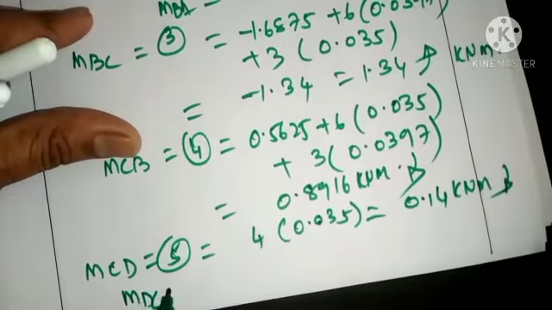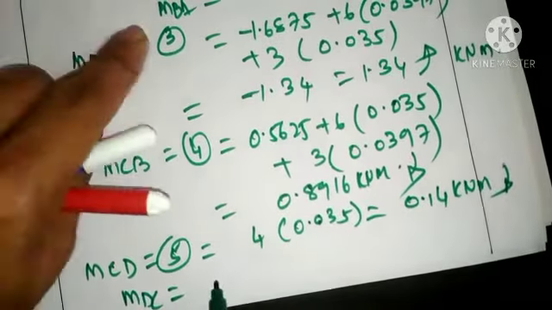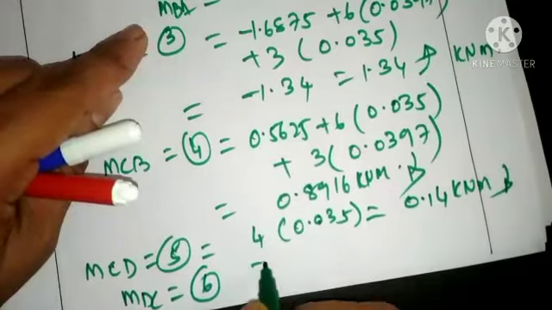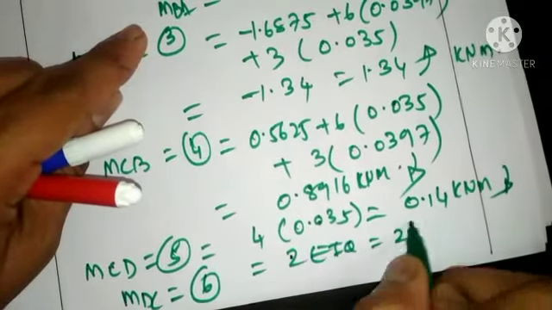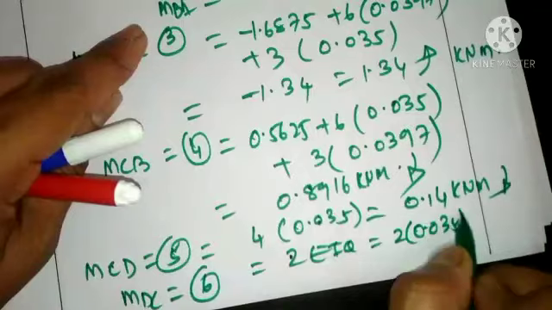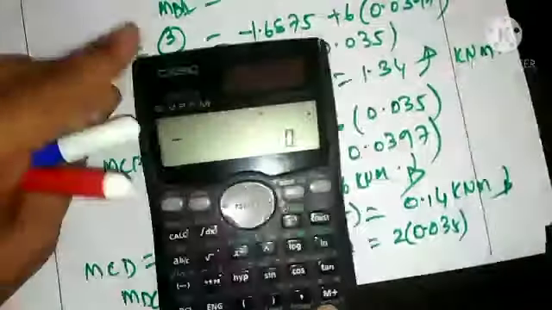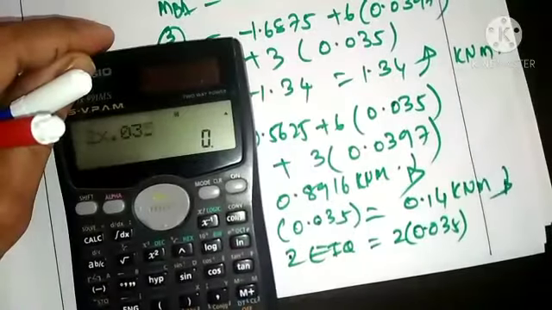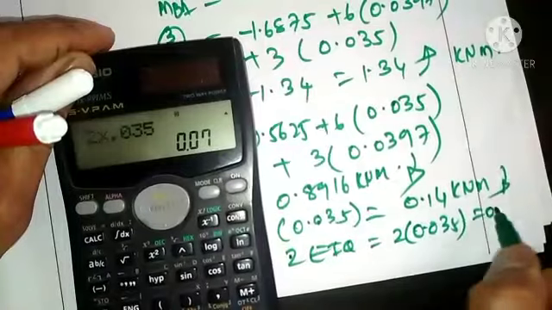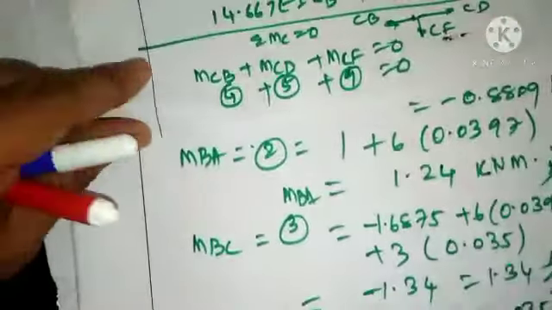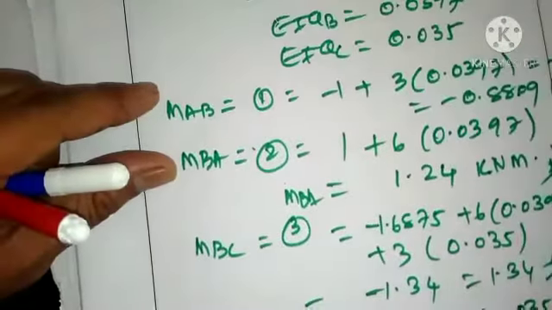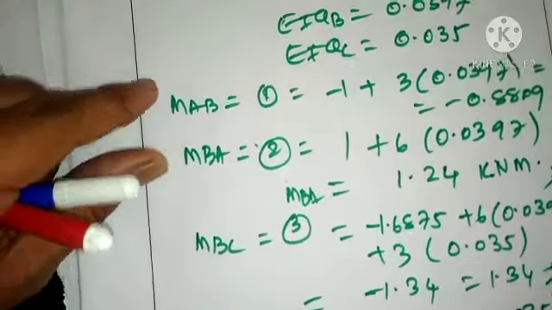MDC is equation number 6, which is 2 EI theta C, which is 2 into 0.035, and 2 into 0.035 comes as 0.07. So this is the MDC equation. Then, moving further, we shall calculate the next moment.